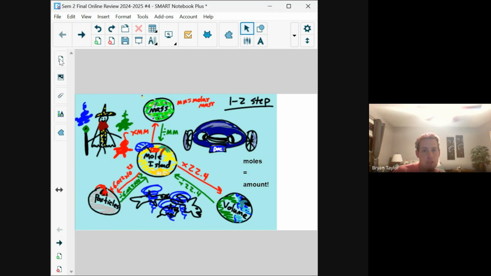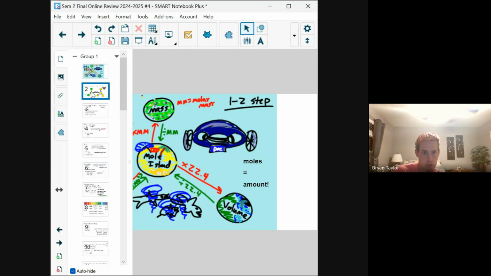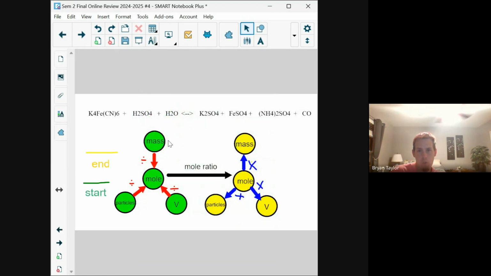The key with Stoich, or the 3-step problems, is that we need 2 different chemicals. So what chemical do you want to start with? 1, 2, 3, 4, 5, 6, or 7? Okay, sweet. What do you want to end on?